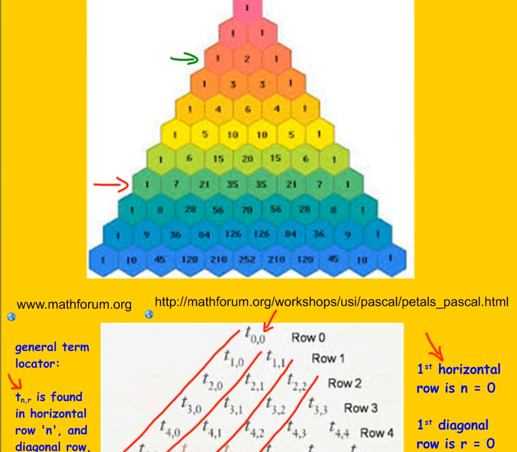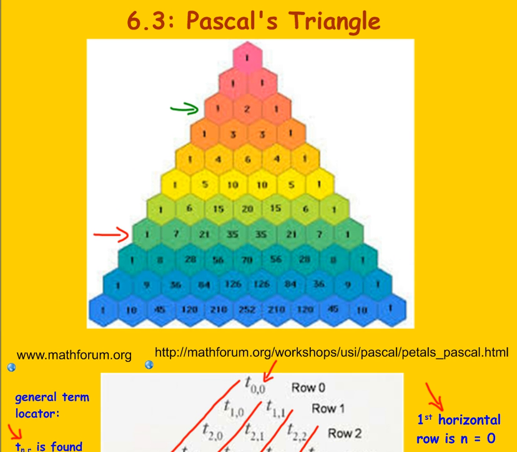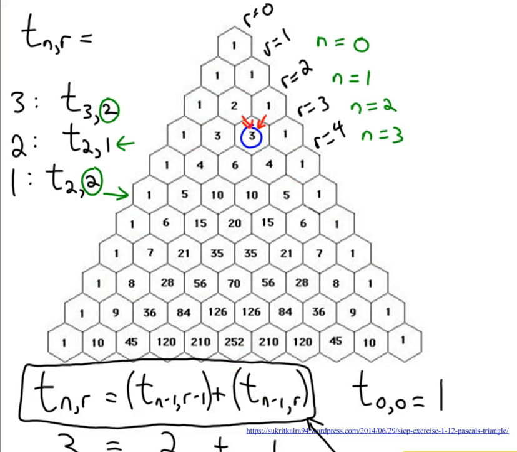And we could illustrate that by going to our triangle, and we could choose, let's say, the number 4, which would be found in horizontal row n equals 4.